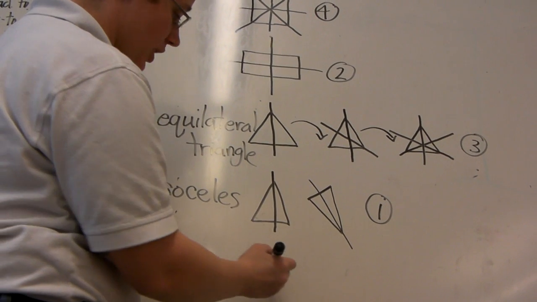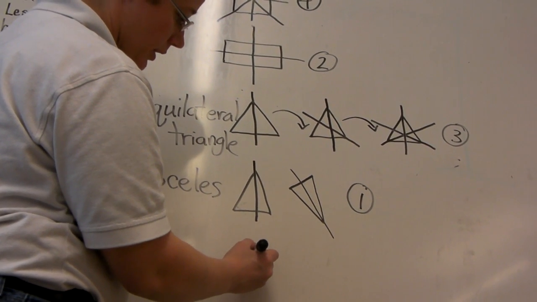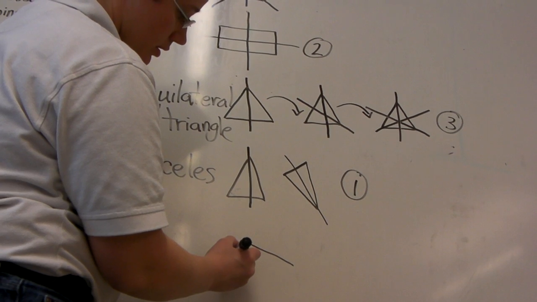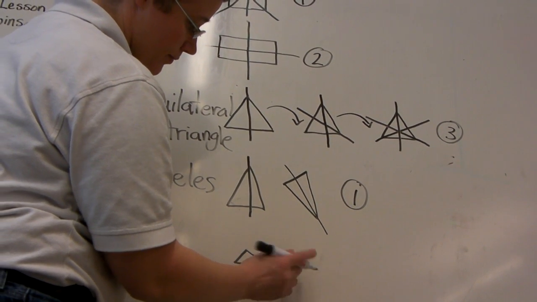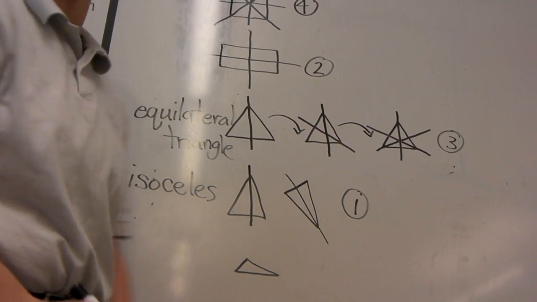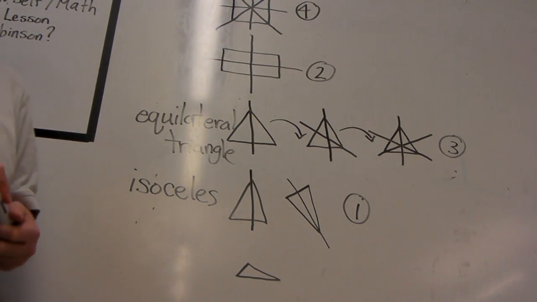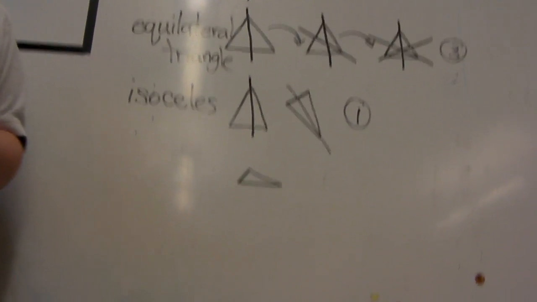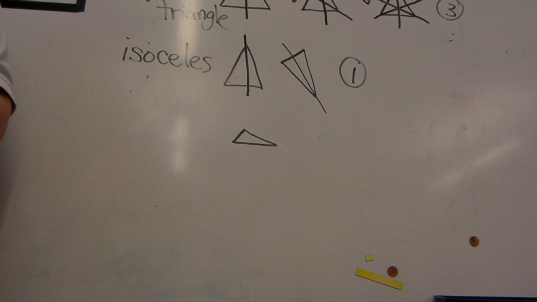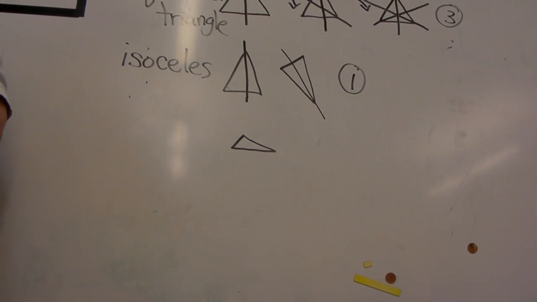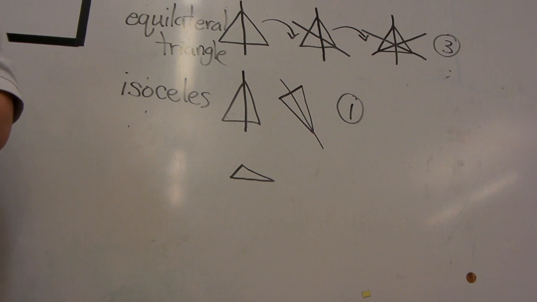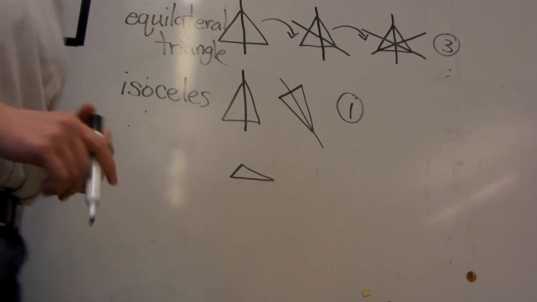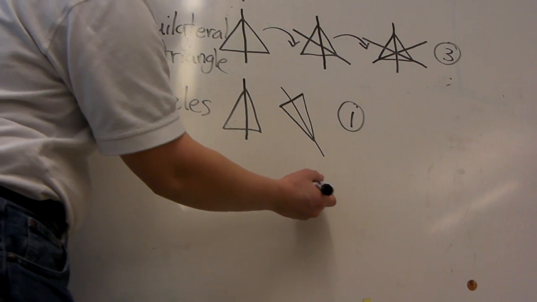How about a scalene triangle, where none of the sides are equal length? What do you think? How many lines of symmetry do you see there? I drew it kind of tiny, but that's the idea. Show me with your fingers. I want to see everyone show me how many lines of symmetry you see. Very good. You should see 0.